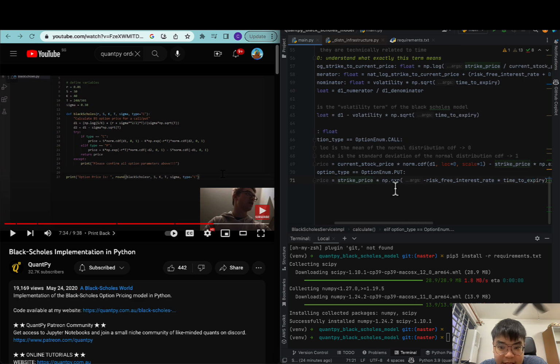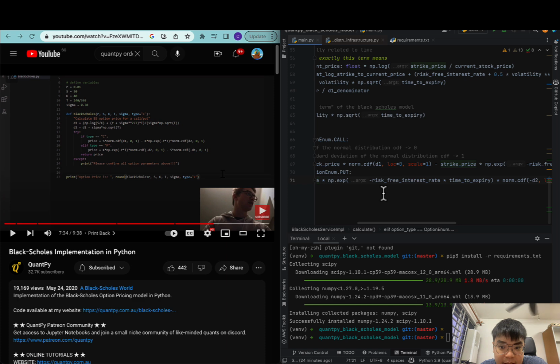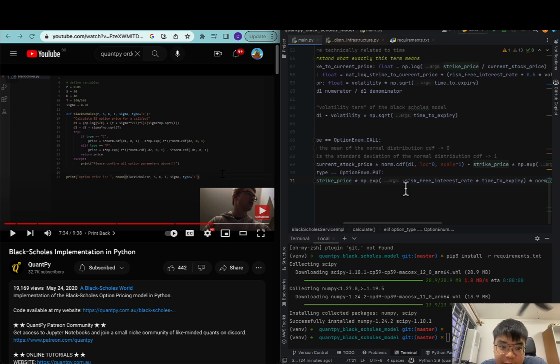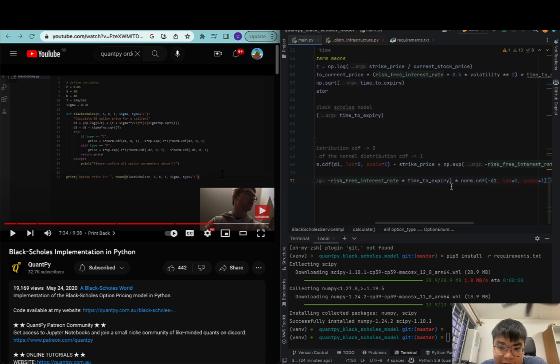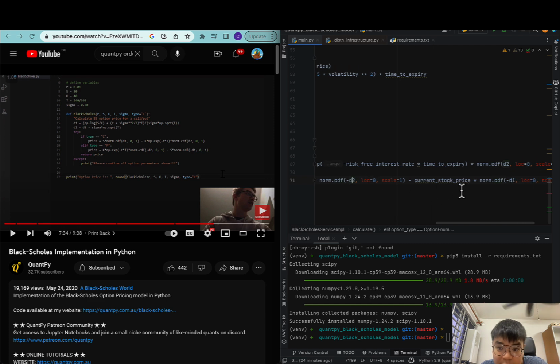Okay, so price is equals to strike price, K, multiplied by exponential of negative risk-free interest rate multiplied by time to expiry, multiplied by the cumulative distribution function of negative D2, minus current stock price multiplied by the cumulative distribution function of negative D1.